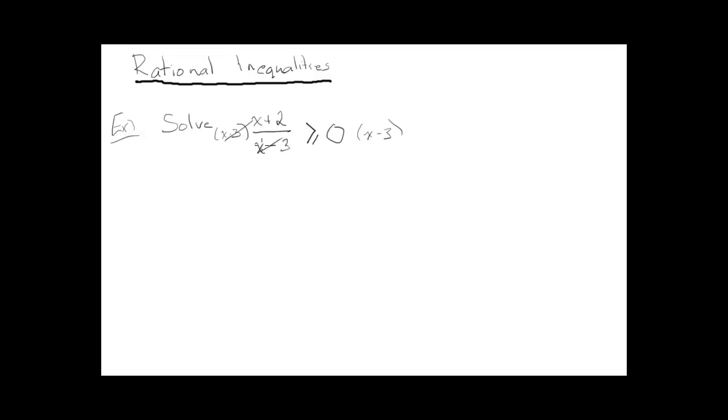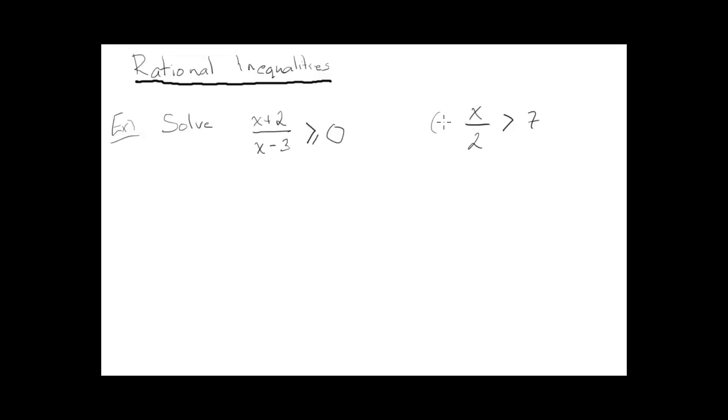That doesn't work in this case, and the reason it doesn't work is because of what happens when you multiply an inequality by a number. Remember, let's say we have the inequality x over 2 bigger than 7.